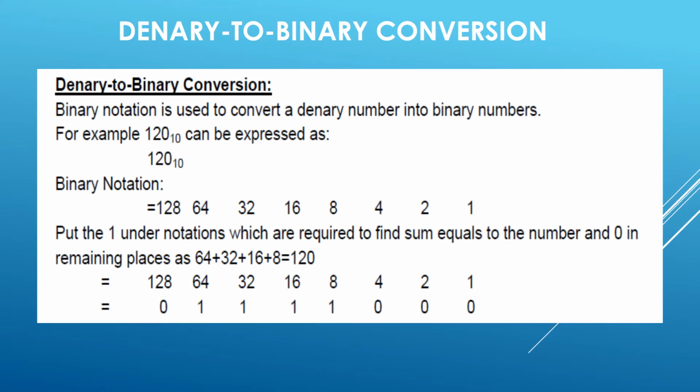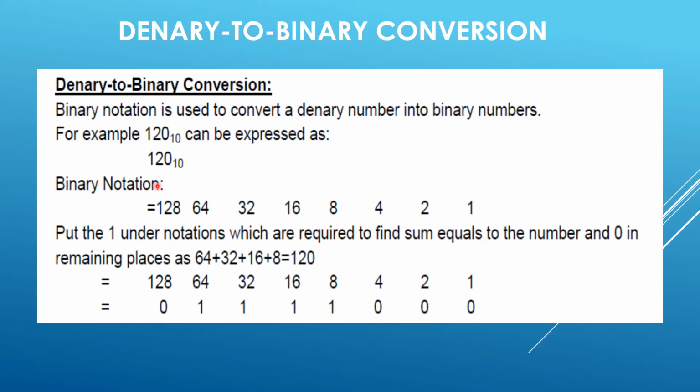To convert a denary number into an equivalent binary number, again we will be using binary notation. Binary notation is used to convert a denary number into an equivalent binary number. For example, 120 is the given denary number that can be expressed in the binary notation.